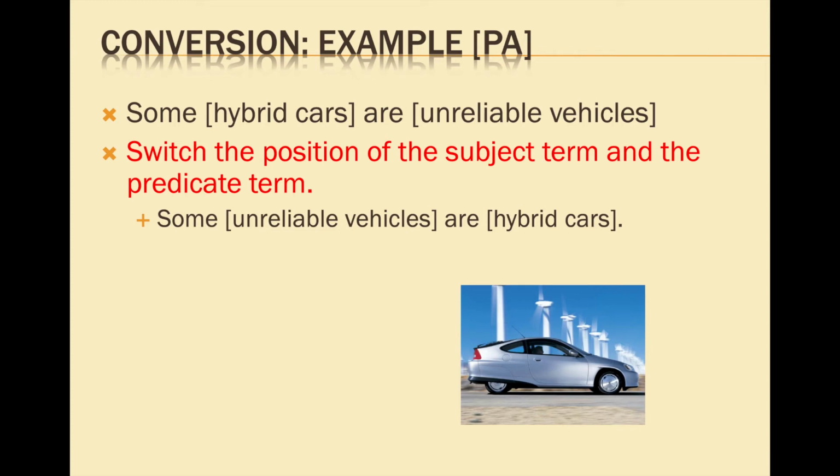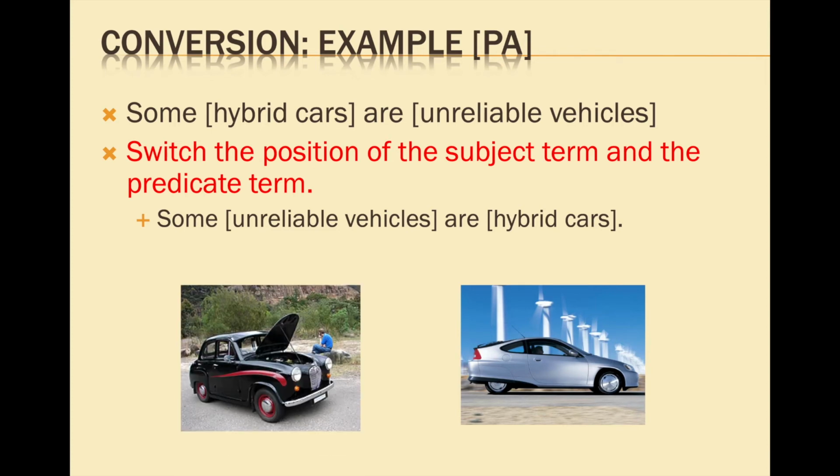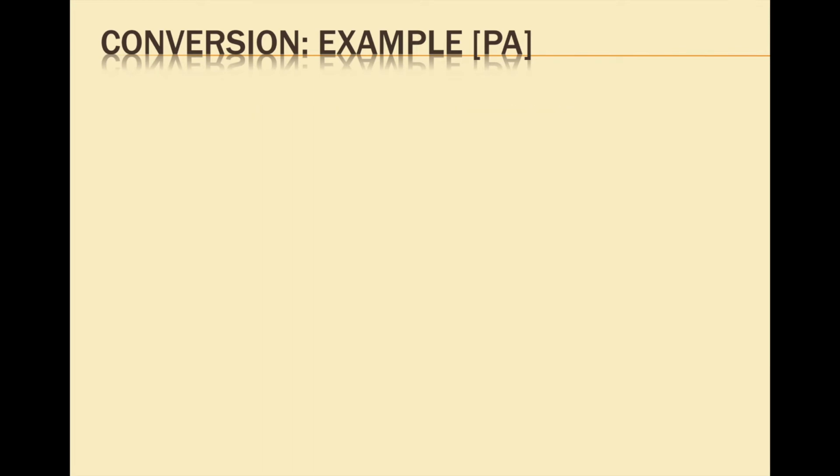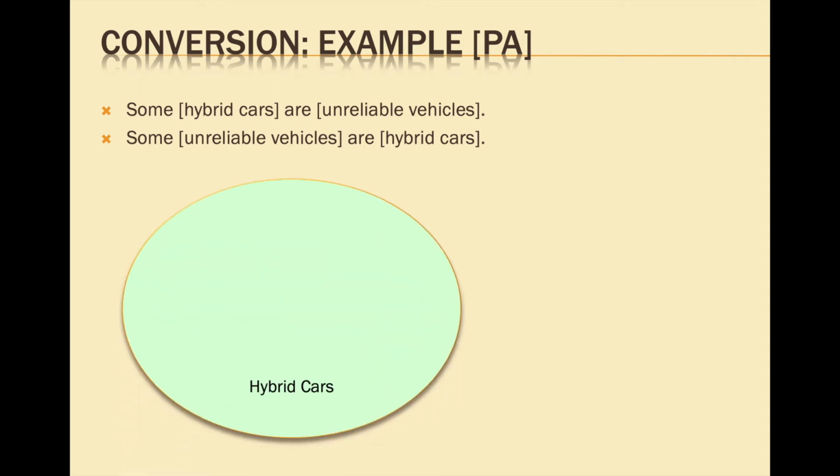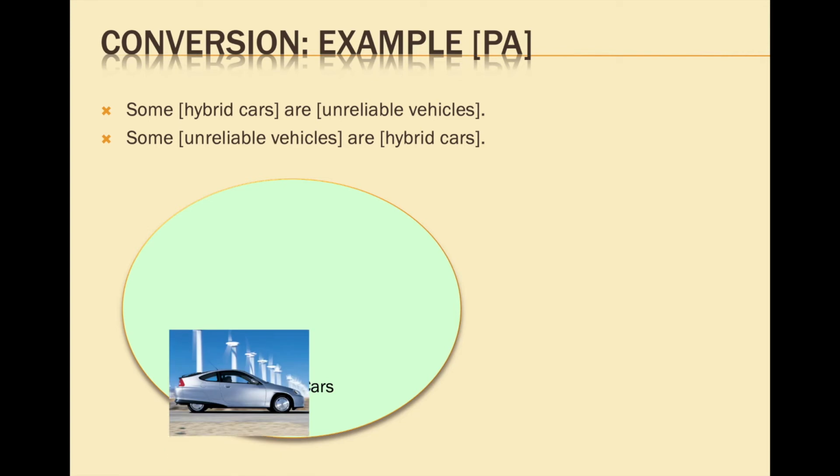So we have some hybrid cars are unreliable vehicles. Some unreliable vehicles are hybrid cars. Right? If we look at that visually, some hybrid cars are unreliable vehicles, which means also some unreliable vehicles are hybrid cars. We have the class or category of hybrid cars.